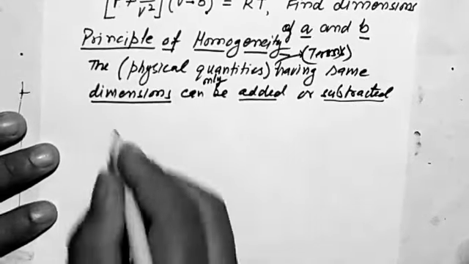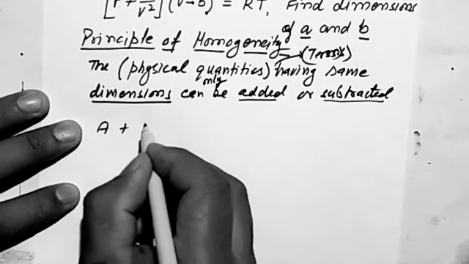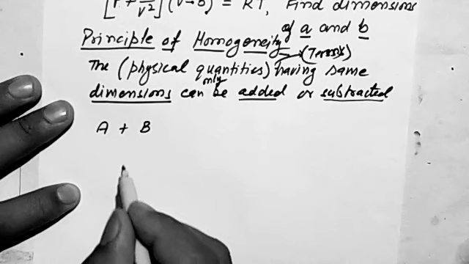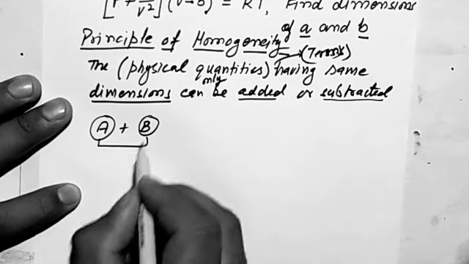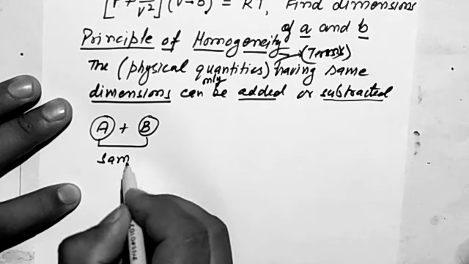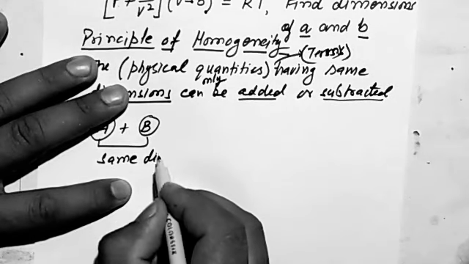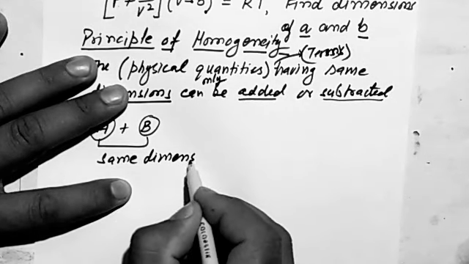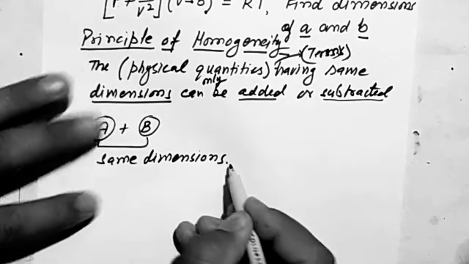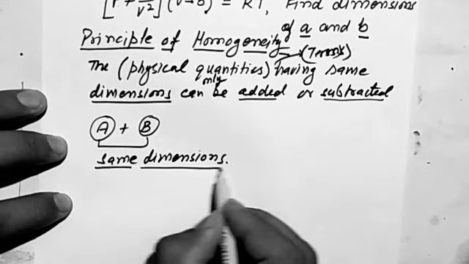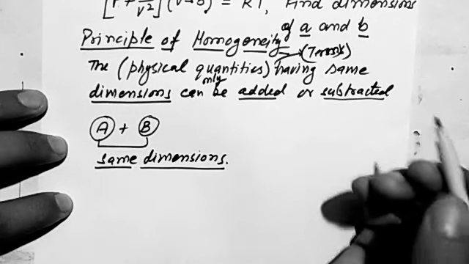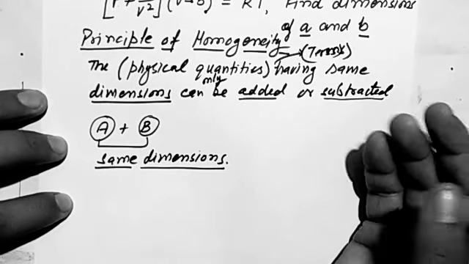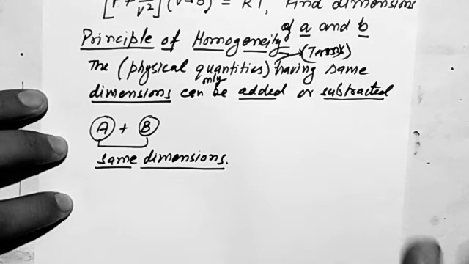For example, if you want to add A plus B, both A and B should have the same dimensions. And I hope you know very well the meaning of dimension: it is the power of the fundamental quantities M, L, and T in the dimensional formula.